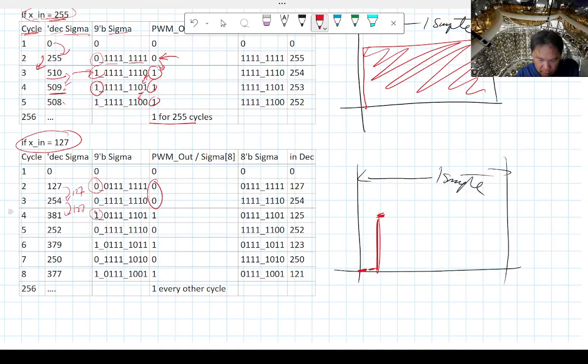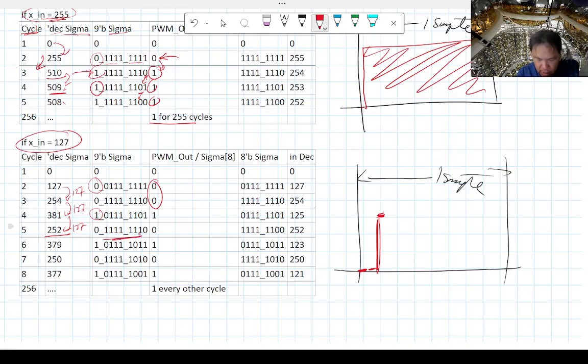But this bit here, when it wraps around, when you add 127 to 351, since it's only a 9-bit number, you get an overshoot, and then it basically wraps back down to 0, and then you add the 127 again. And you go back down to 252.